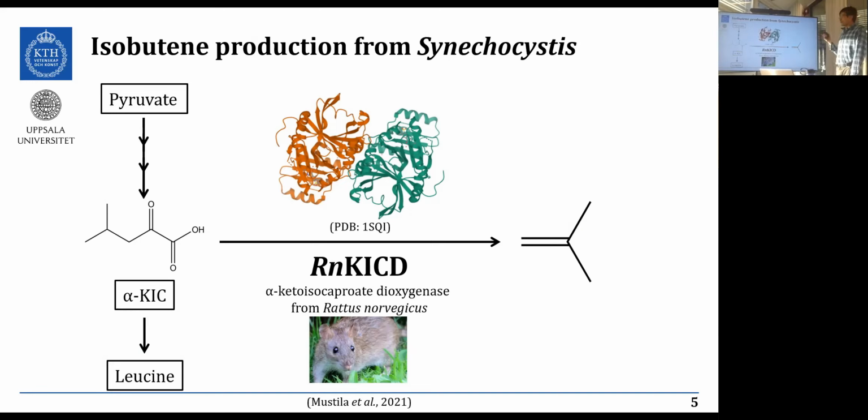However, it is reported that after a few weeks of cultivation, the isobutene production decreased, which is the result of genetic instability. In this study, we wanted to avoid the instability by integrating RnKD into the genome of Synechocystis with an integrative vector.